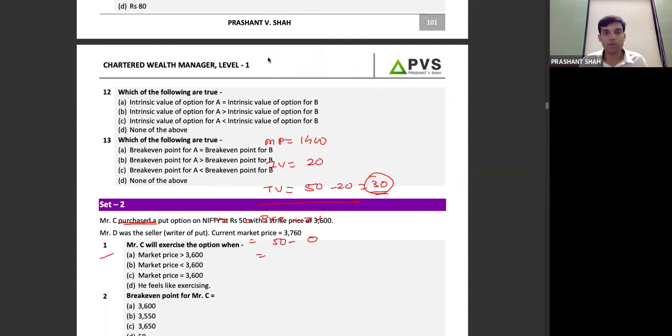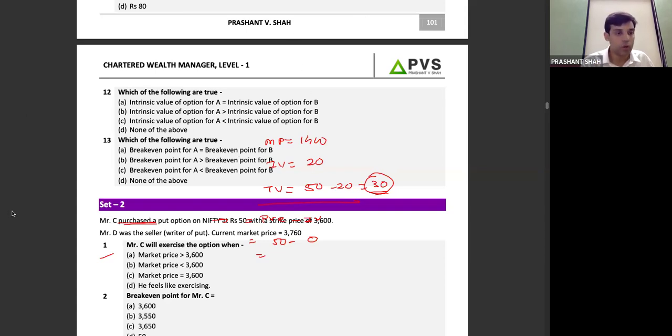If you're a seller, then you are supposed to pay it. But it is for an option, not for the buyer of an option or the seller of an option. And another is the break-even point. This is also fairly simple. We have taken care of it in the same question: the break-even point for buyer and seller remains the same.